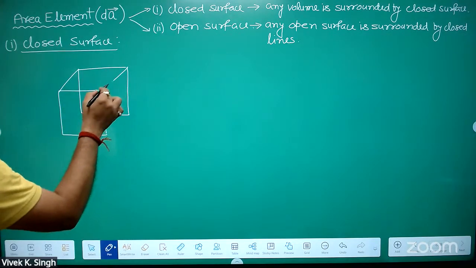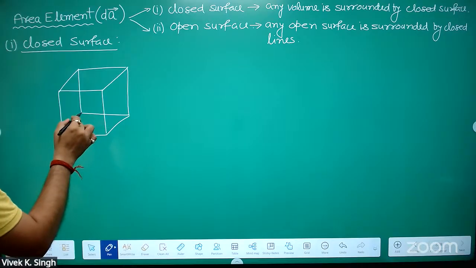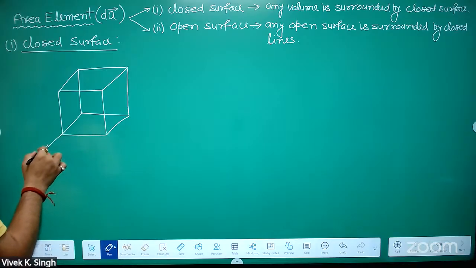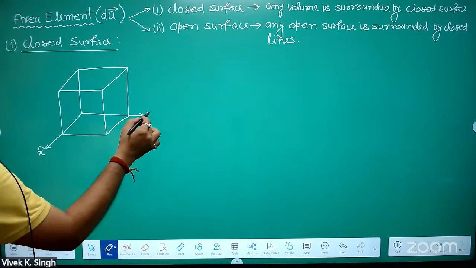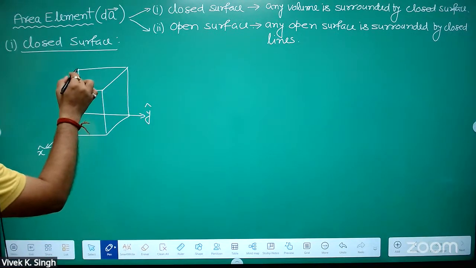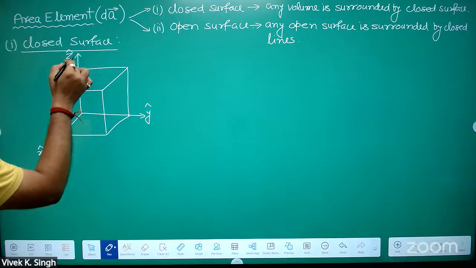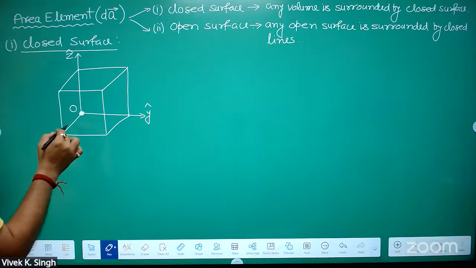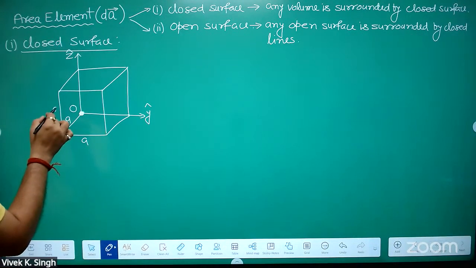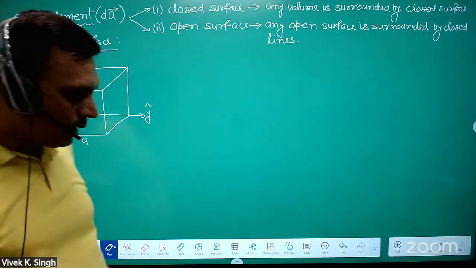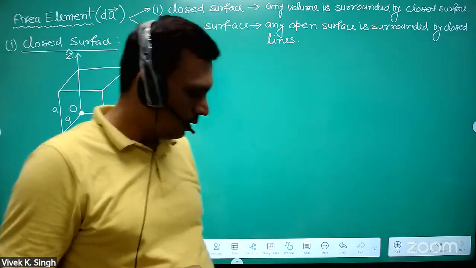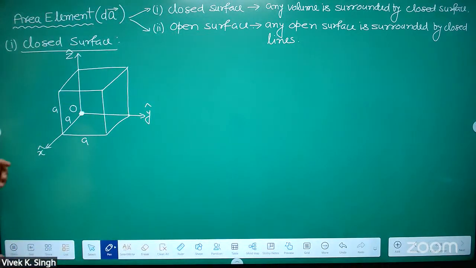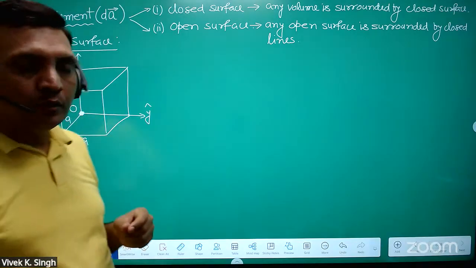This is the x cap, this is the y cap, and this is the z cap. This is the origin O, and the sides of the cube are A.